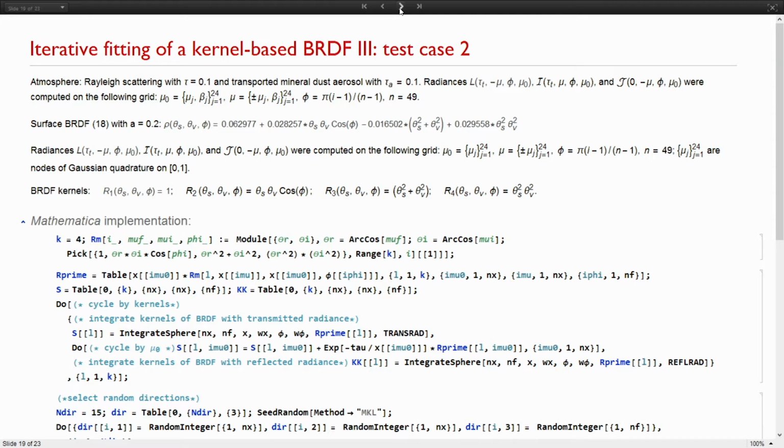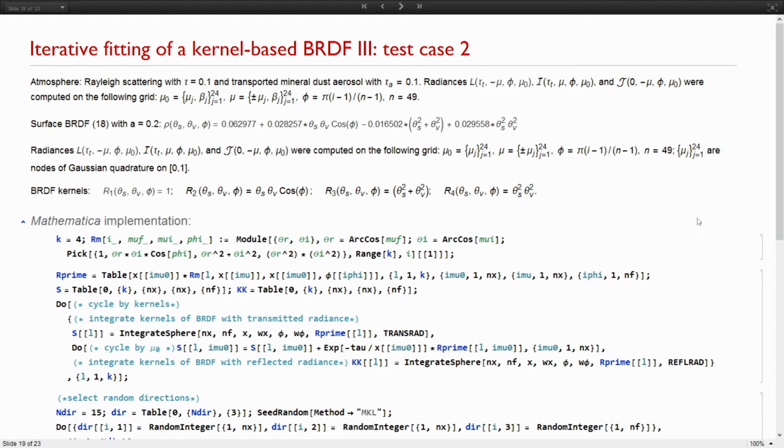And again, I will consider the case I used with the direct problem. Kernel functions for BRDF are just the same functions used in the actual BRDF, but I assume that now I don't know the coefficients.